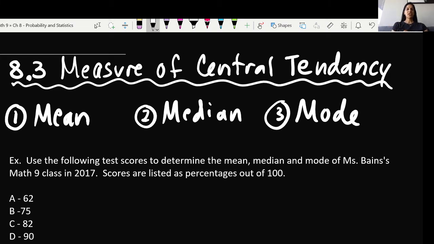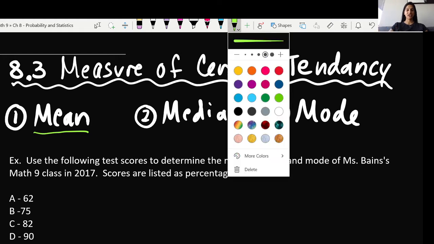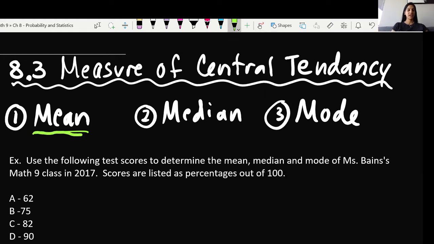So there are actually three different measures of central tendency. The first one is called mean, which is like the average that I was just talking about. So if you know of the word average, that is the same thing as this, and that one you have learned about last year most likely.